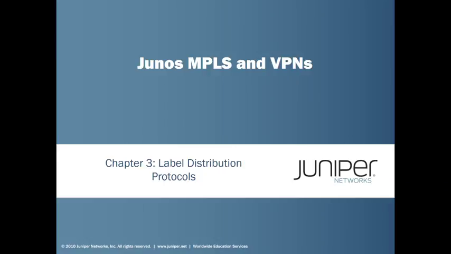So in our last lesson, we introduced the idea of MPLS. We discovered that in MPLS, packets are switched based on the value of a label rather than the IP address.